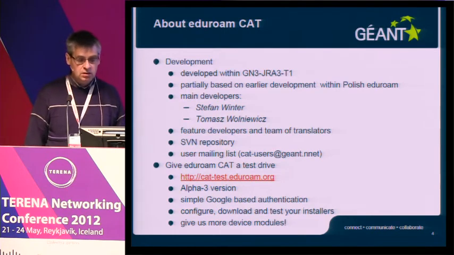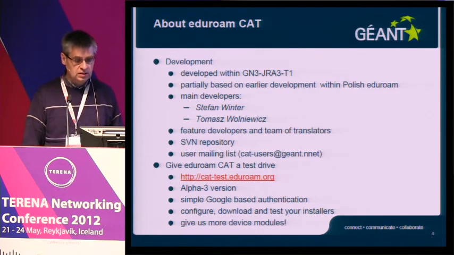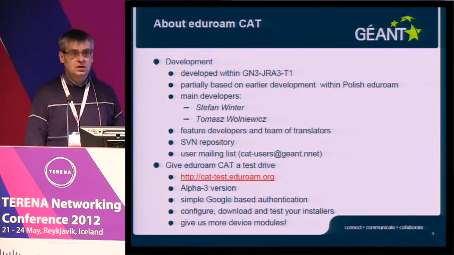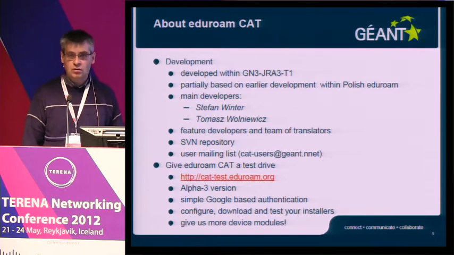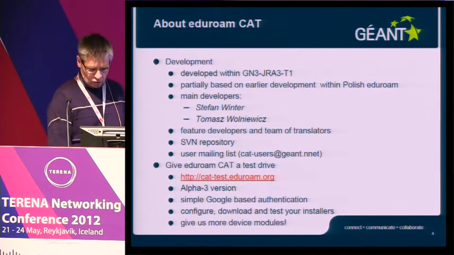This will be expanded, of course, but we just wanted to start with something. Now, you can configure your installers, download and test how they work. And, of course, there is a request. There are so many platforms supported now. We would like to do more. If you know how to do them, please contact us and help us to do more.